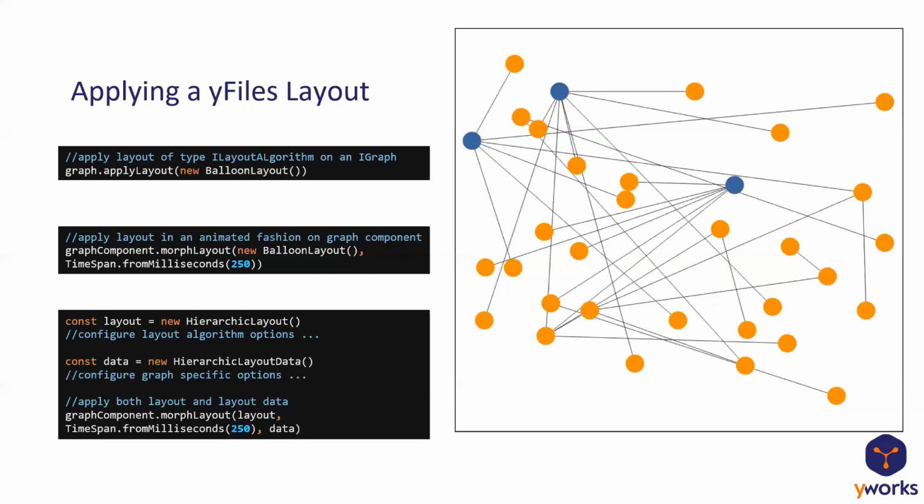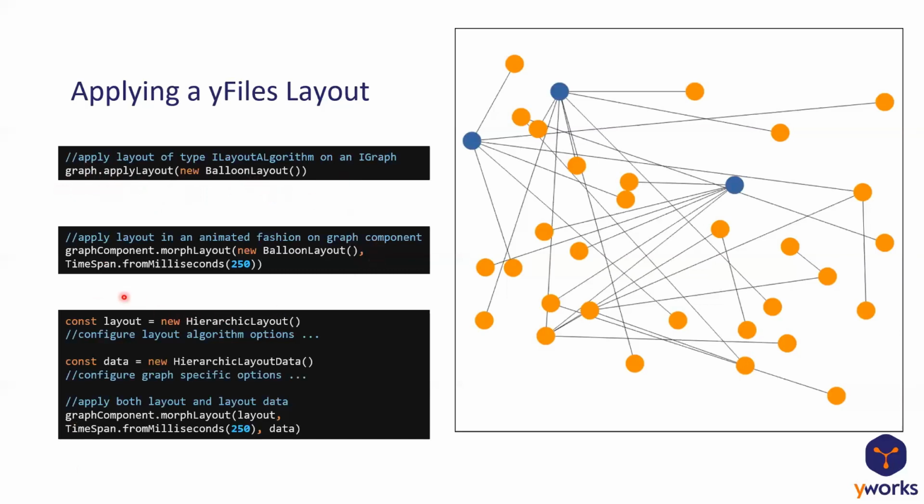And the first version shown on the slide is this one, where you apply the layout directly on an instance of an IGraph. And you just call graph.applyLayout, and you provide the instance of the layout algorithm.